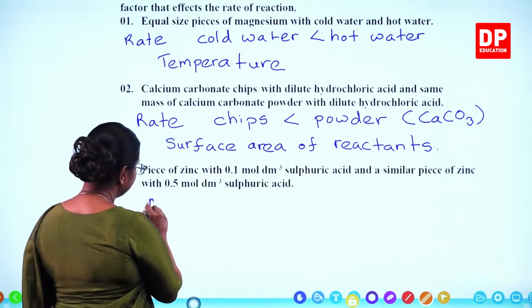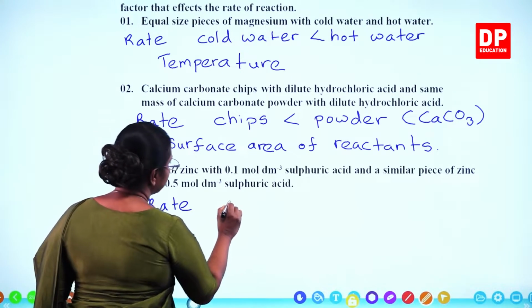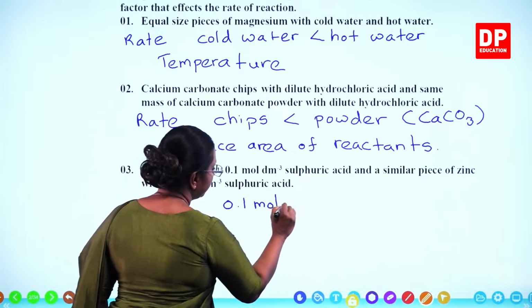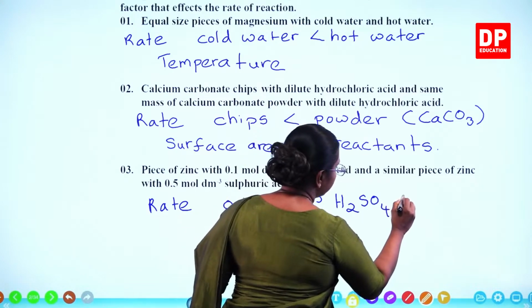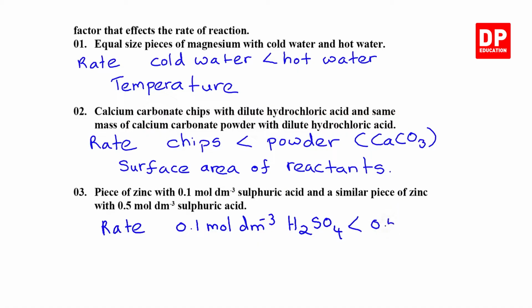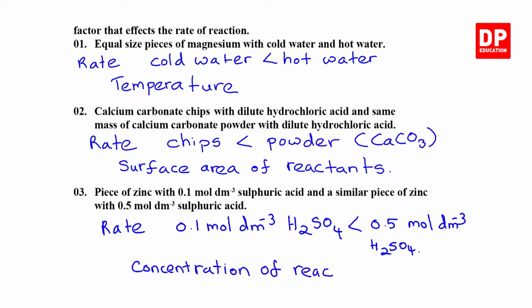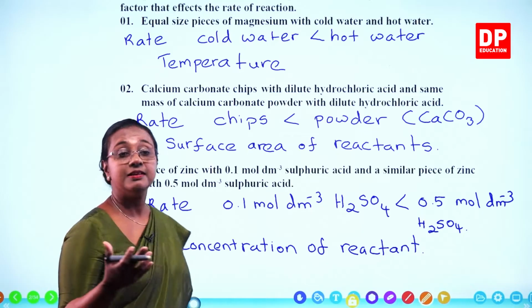So here again rate with 0.1 mole per decimeter cube H2SO4 will be less compared to 0.5 mole per decimeter cube H2SO4. And the factor is concentration of reactant. You can say reactant or you can say sulfuric acid because you know what the reactant is.